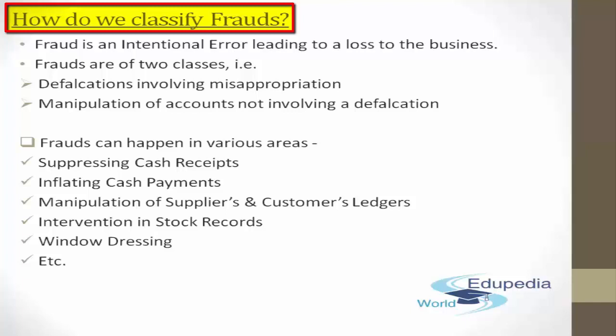Now, if I talk about fraud, this is something very crucial for you to understand. You have a very naughty younger sibling, and you have two toffees in your hand.